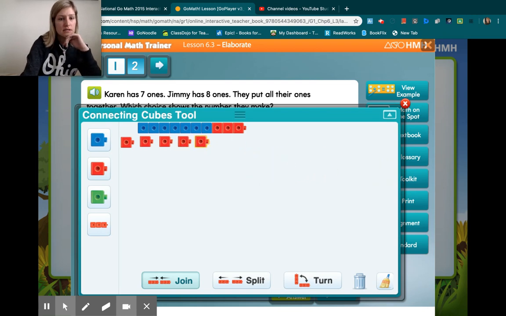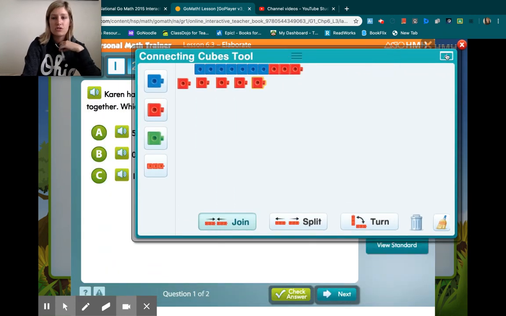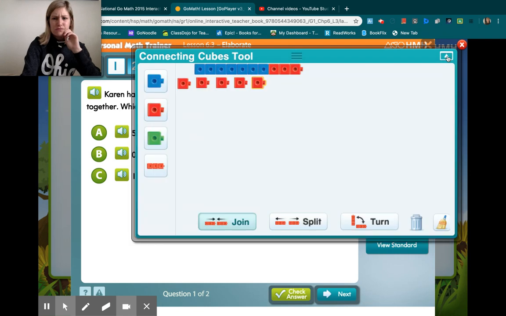Okay, so let's think about this, friends. If we have one group of 10 and 5 ones, how many do we have? Let's look at the choices. It says 5 tens and 1 one. Is that what we have?